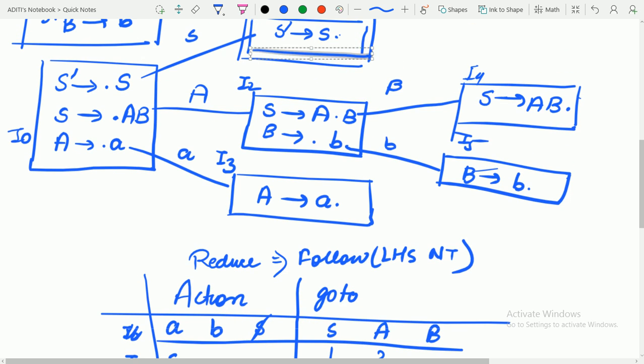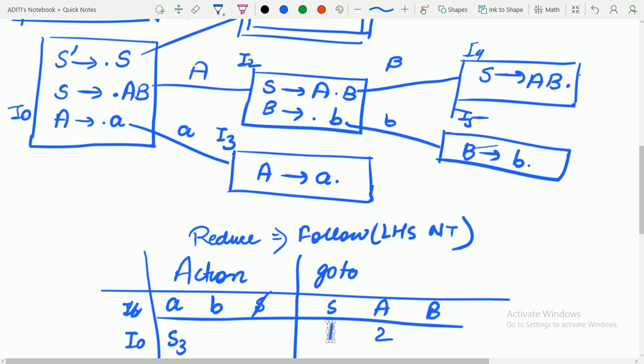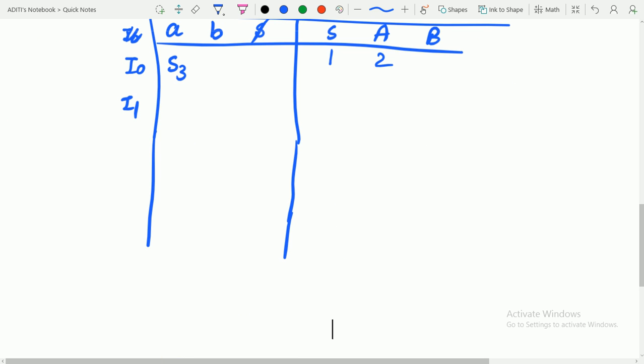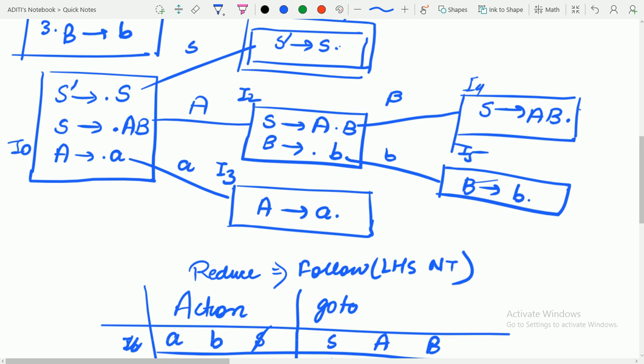For I1, I1 is the accept state, so I1 on dollar will give us accept. Now considering I2, I2 on a transition with small b goes to the I5 state, so we write S5 on b.